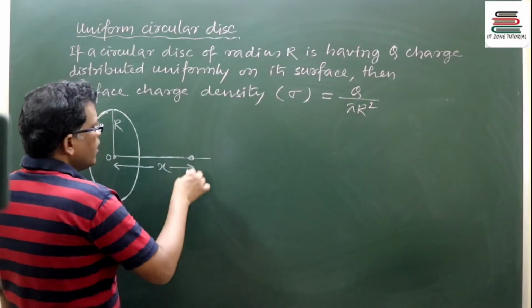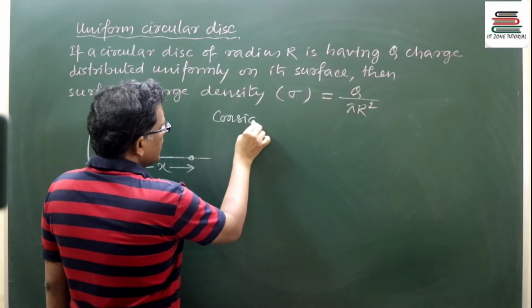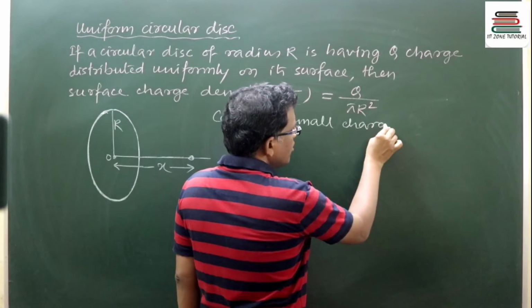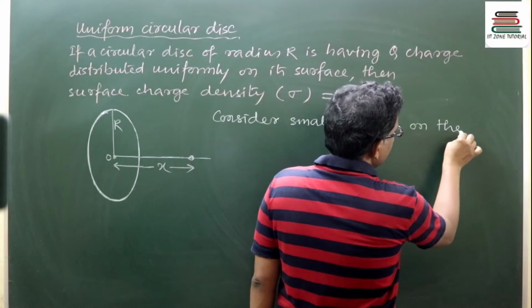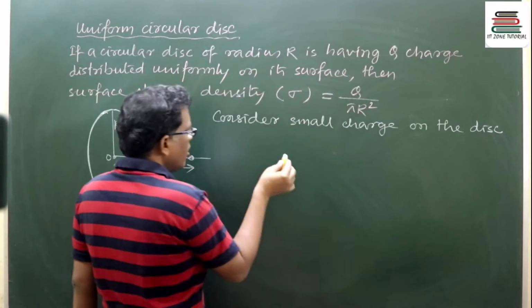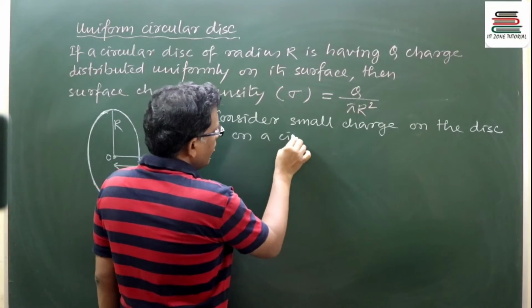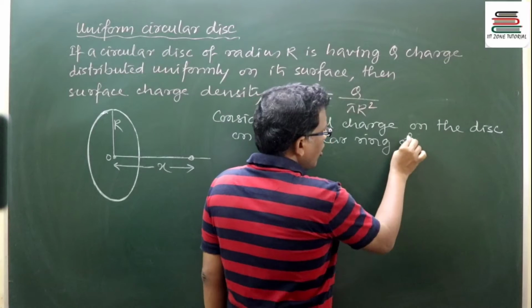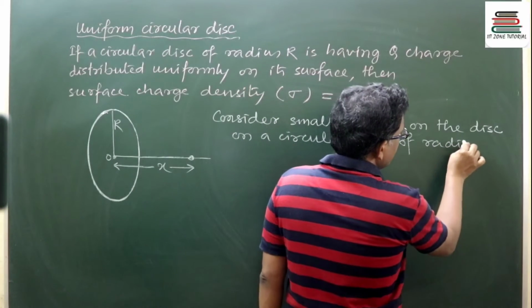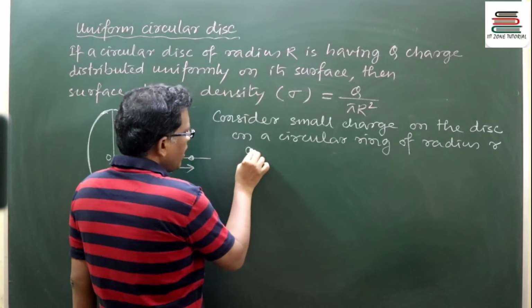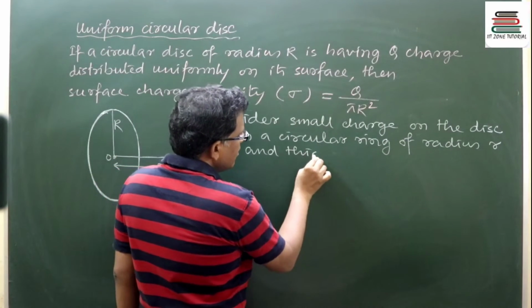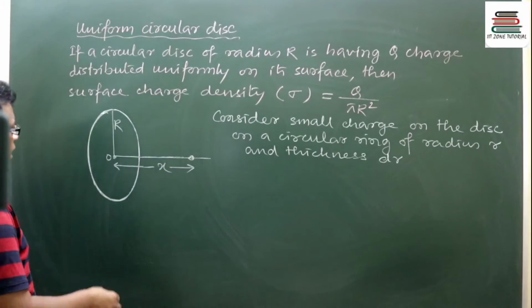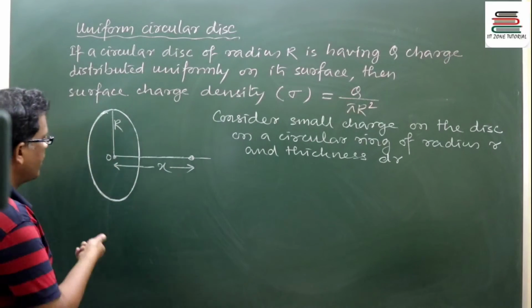Then what we have to do, consider a small charge on the disc, on a circular ring of radius small r and thickness dr. Okay, we can consider a small ring.